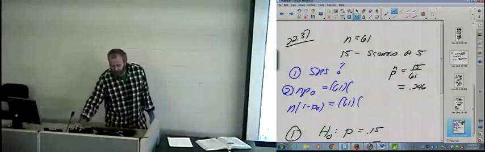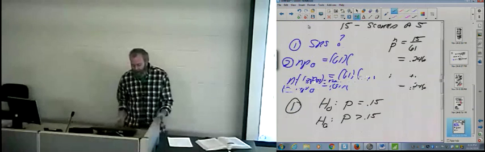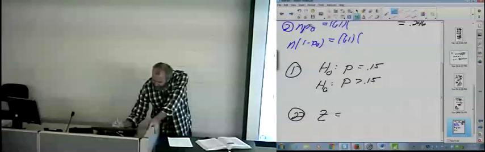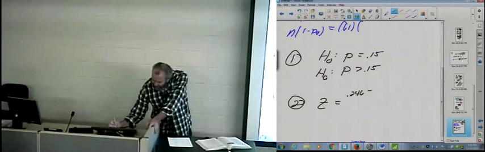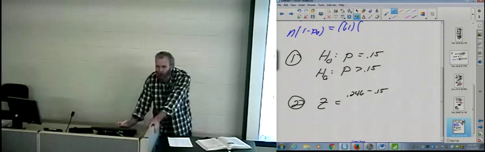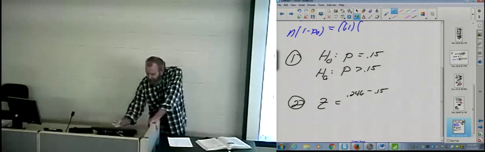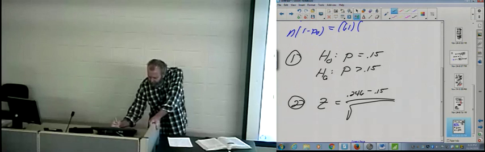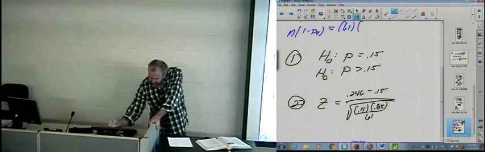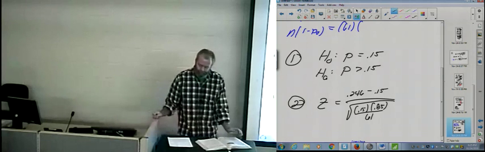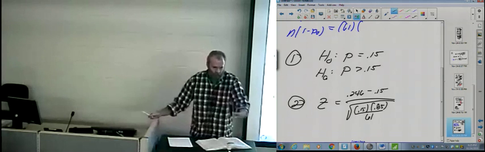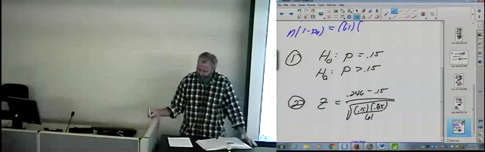Okay? So, I'm supposed to have my p hat minus my value in the null, divided by the square root of the value in the null, 1 minus that, over your sample size. I plugged right into that z-score I had on the previous page.